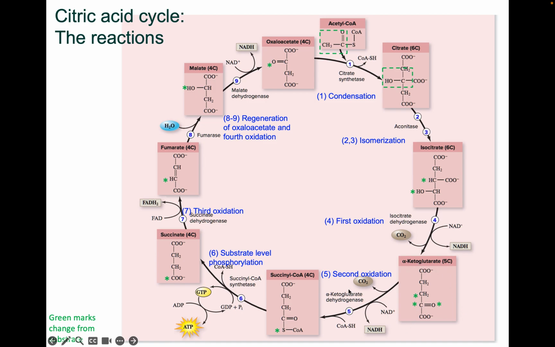And this goes for a second round of oxidation. And this happens with alpha ketoglutarate dehydrogenase. And basically, again, very similar to what's happening here, CO2 is removed, electrons are removed as well, and they're going to be given to NAD plus to give NADH. So this is our second NADH molecule being created. So this gives you the second oxidation, but we also add a CoA back here.